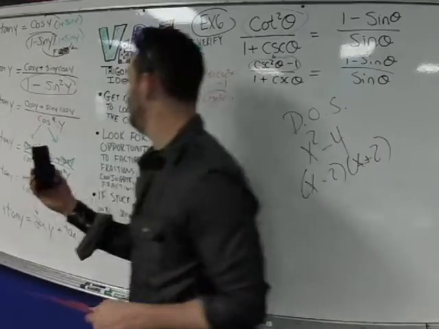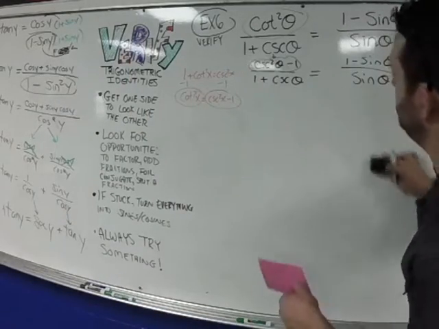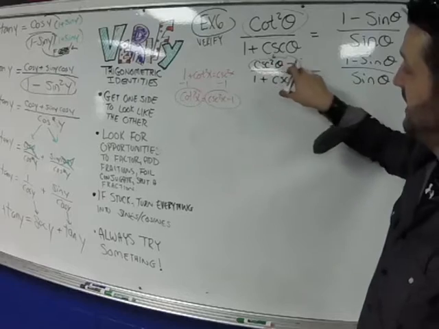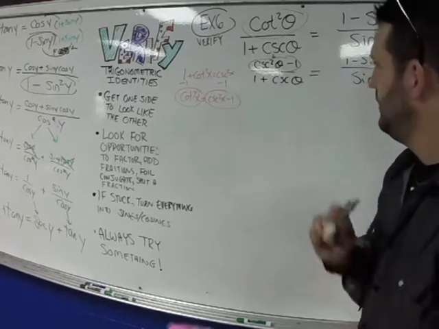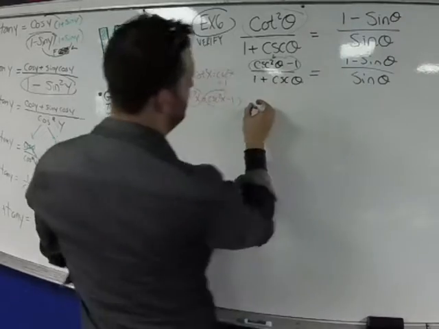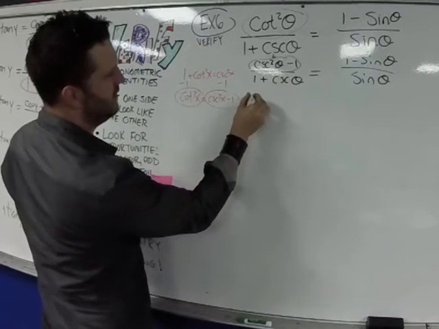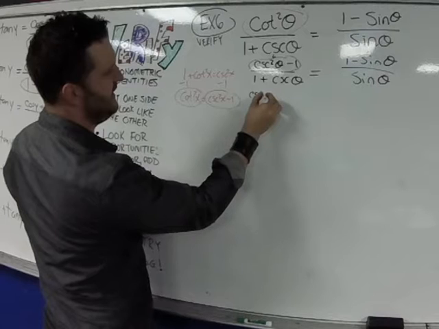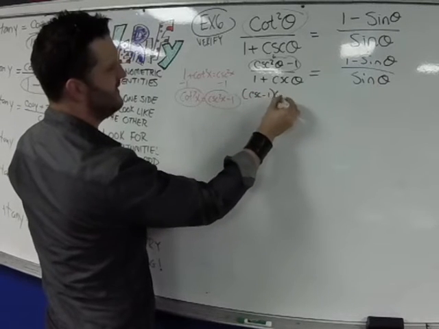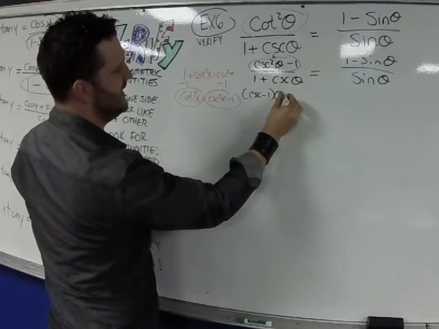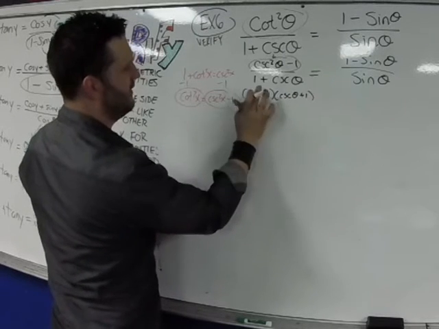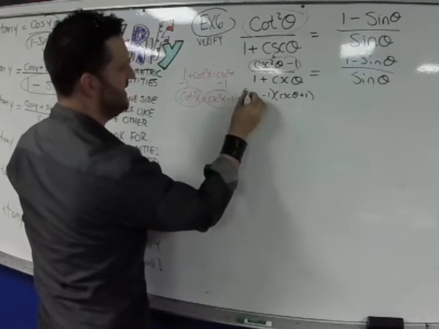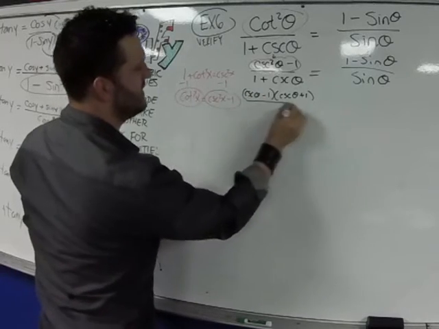So what you have on top is a difference of squares, cosecant squared minus 1. I can split it into two binomials: CSC theta minus 1 and CSC theta plus 1.